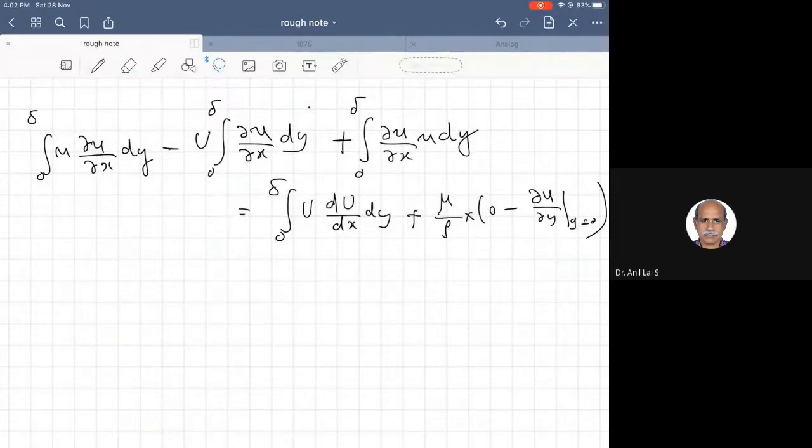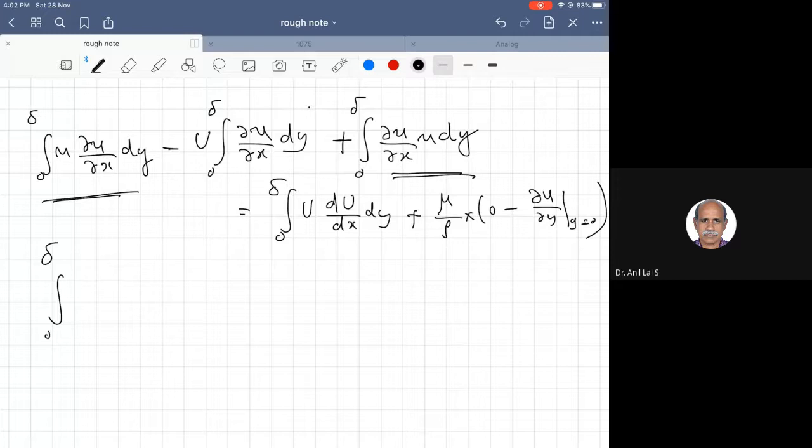Now look at this. There is one u dou u by dou x, another u dou u by dou x. So integral 0 to delta, 1 plus 1, 2u dou u by dou x, minus this, u into integral 0 to delta dou u by dou x dy.